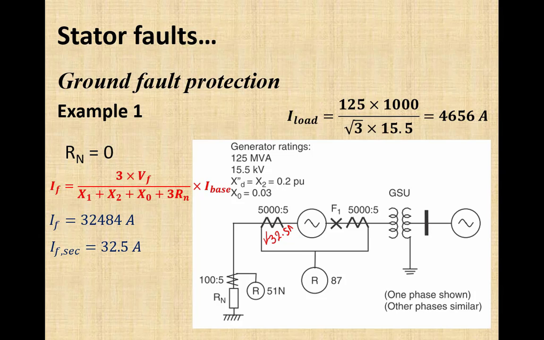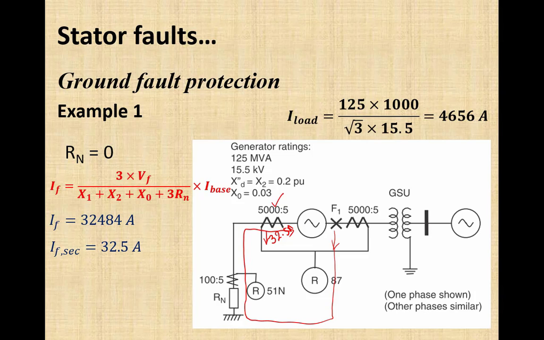Obviously this current is passing through only one CT, only through this CT, then it will move into the ground and take this path into ground back to the phase like this. So this fault current, 32,484, is passing through the primary of this CT connected in the neutral of the generator.